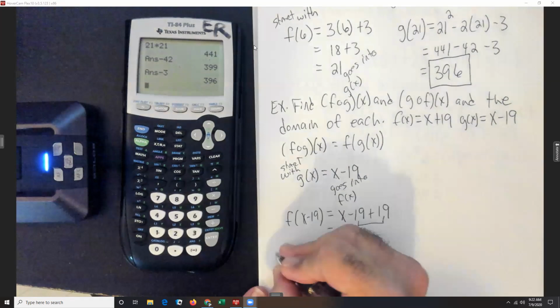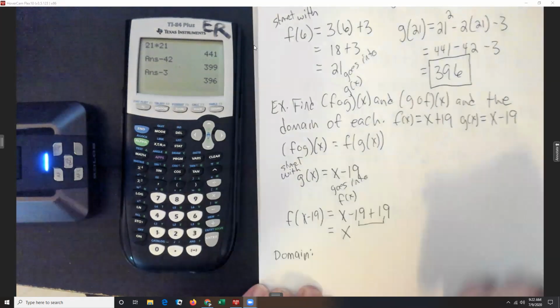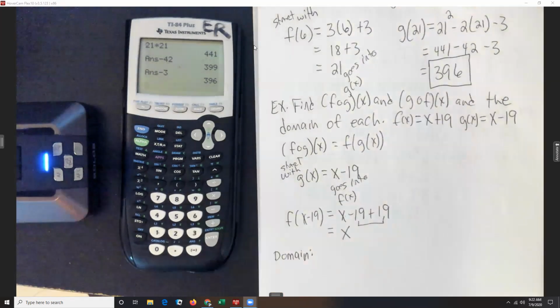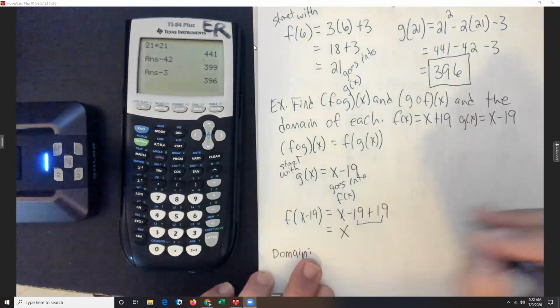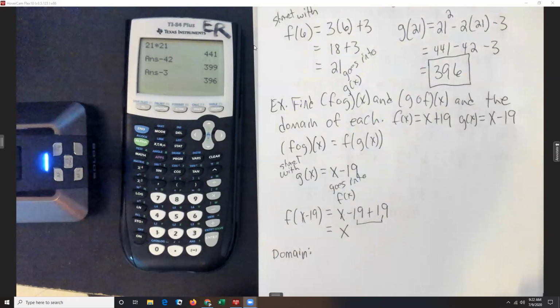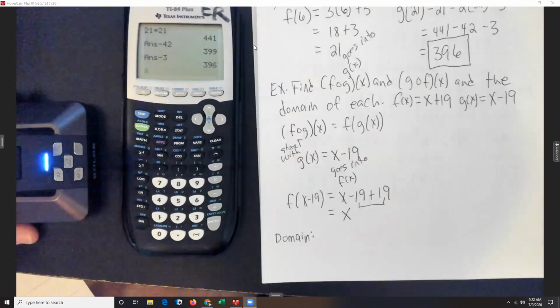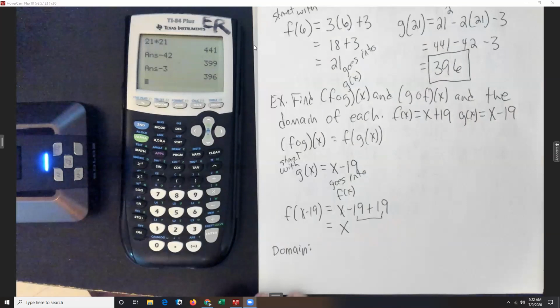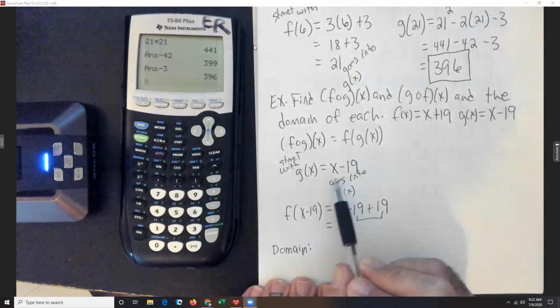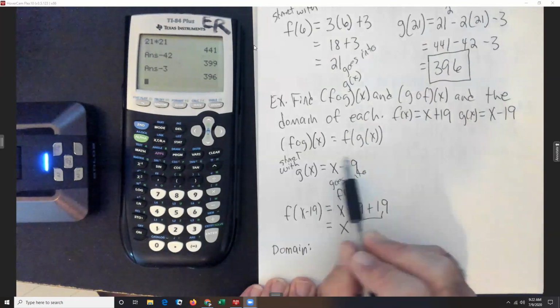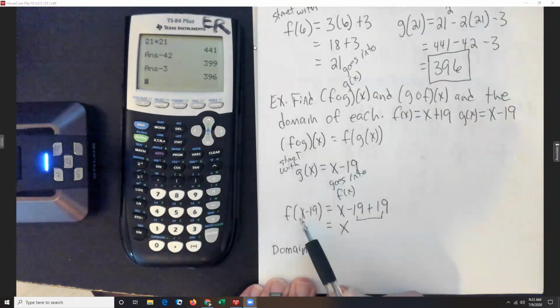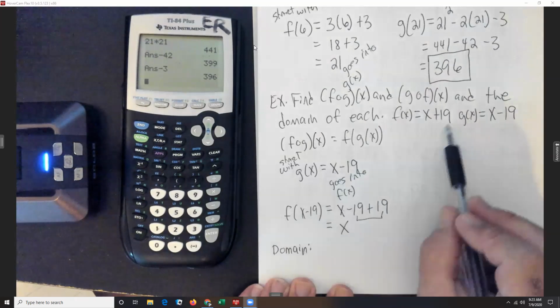Now let's write the domain. And these they want in interval notation. So here's the thing. There's no fractions on the g of x that I have to worry about. When I found my f here, there's no fractions on the f to worry about.